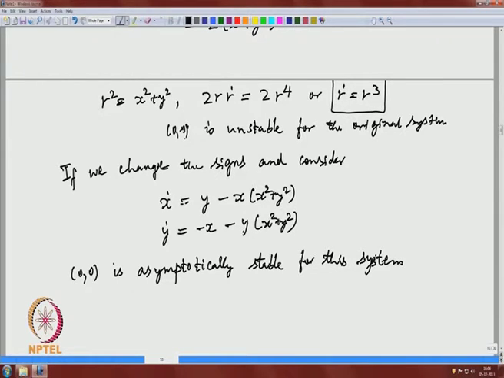Okay, so, a linear stability analysis in this example may not give the correct picture as far as the original system is concerned.